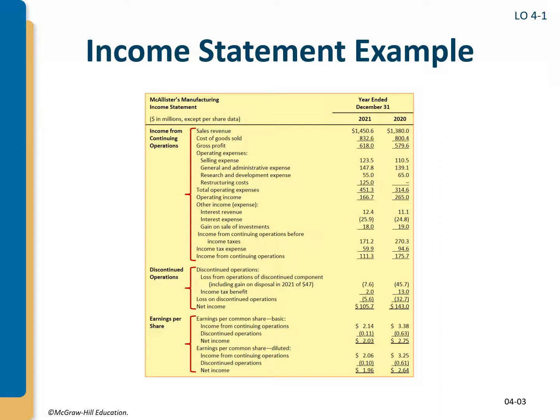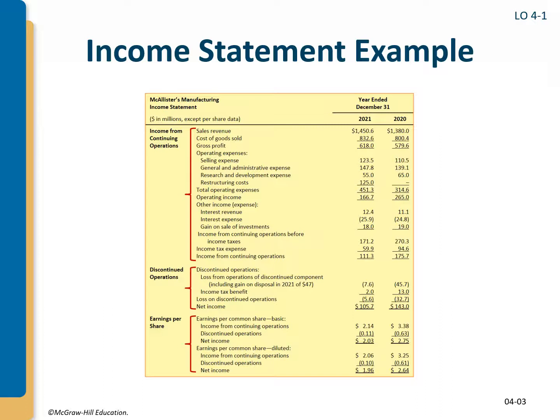We then subtract selling expenses of the company, general and administrative expenses, research and development expenses if the company has any, and something called restructuring costs. So we deal with something new here, restructuring costs. These are all considered operating expenses. They're subtracted from gross profit to get operating income.